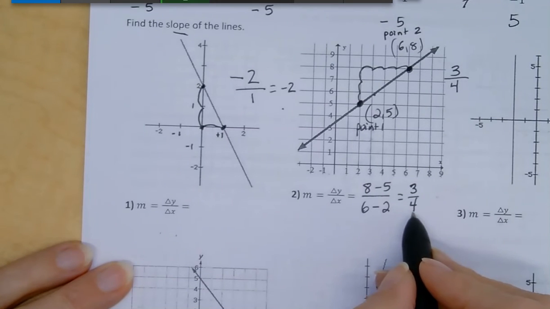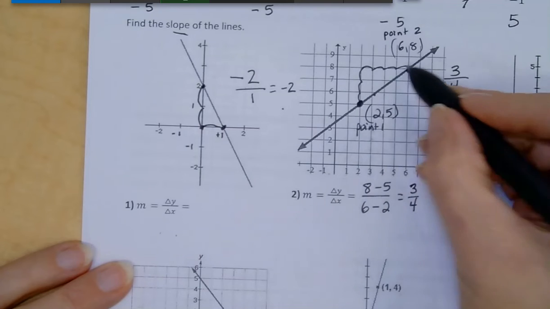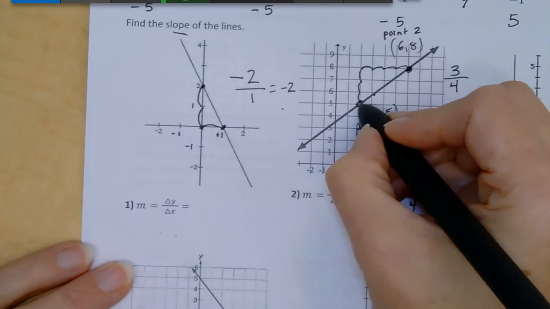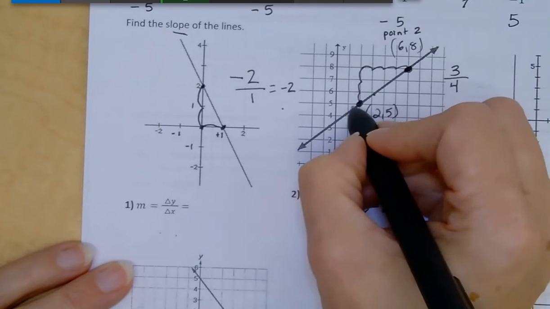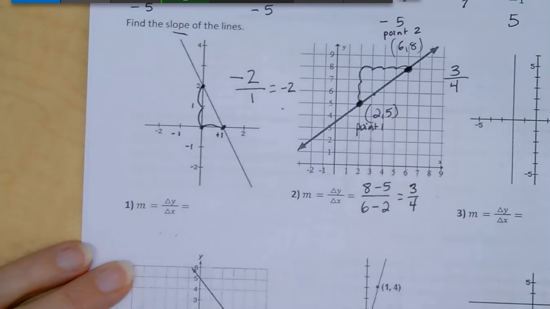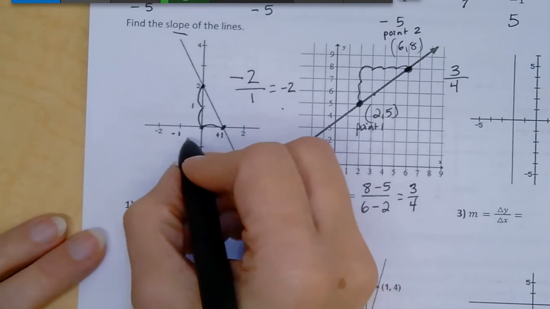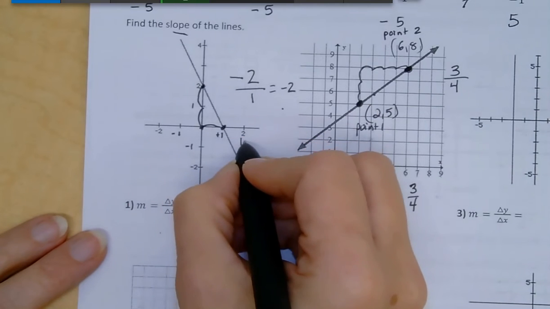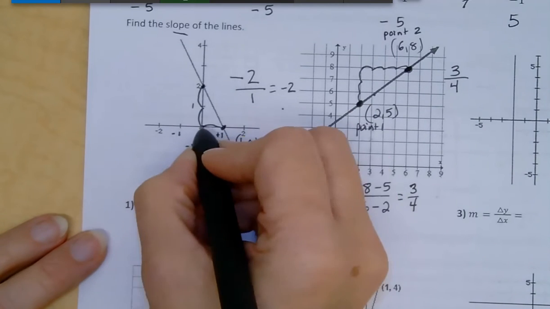Mathematically, I have come up with the slope based on specific ordered pairs, but also I could see physically that I had to move up 3, and then over 4. Over here, if I were to choose these ordered pairs, this would be at 1, 0, and this would be at 0, 2.